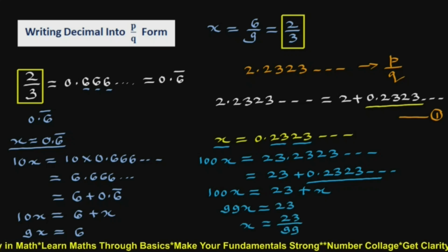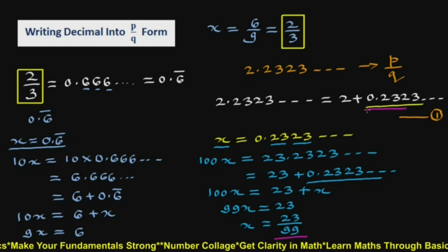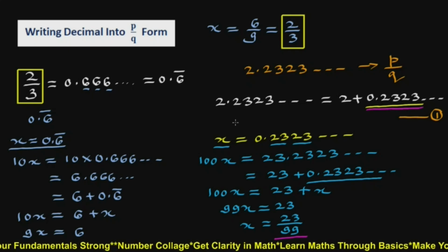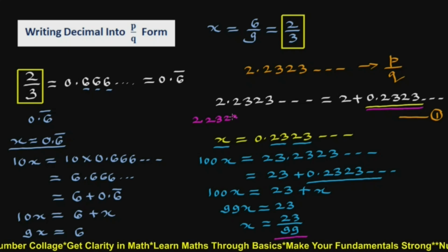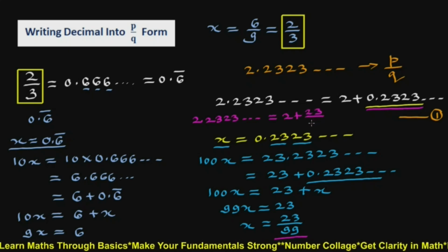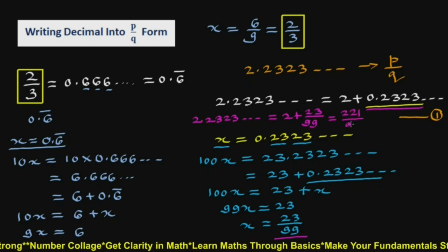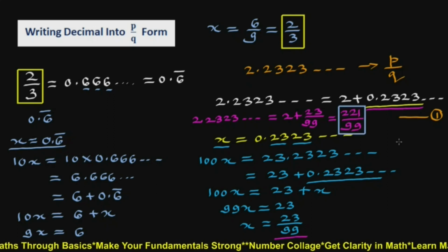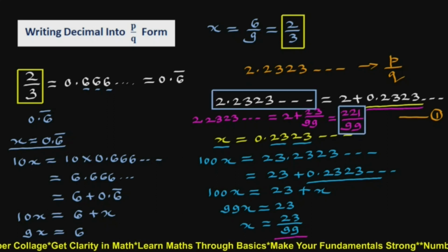Now we will substitute 23 upon 99 for this 0.2323 up to infinity. So that gives us 2.2323 up to infinity equals 2 plus 23 upon 99, which is 221 upon 99. So this is P upon Q form of this rational number.